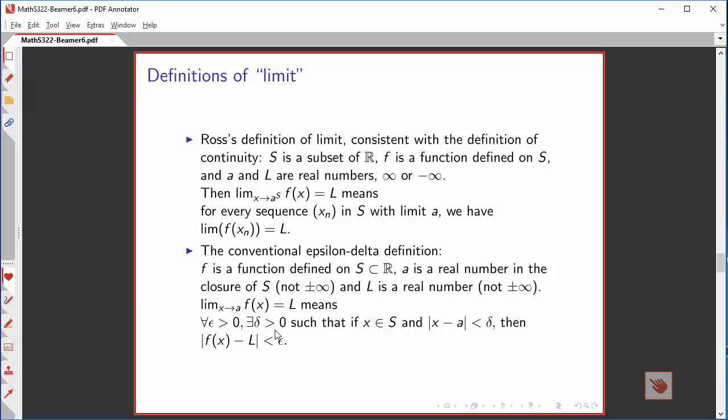You respond with some positive delta, and you win if for any x in the domain that differs from the purported limit a by less than delta, the difference between the function value f of x and the limit capital L is less in absolute value than epsilon. When both these definitions work, they're equivalent, but we'll find the first one much easier to work with in general.